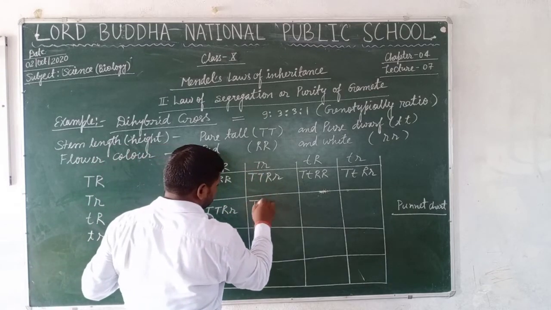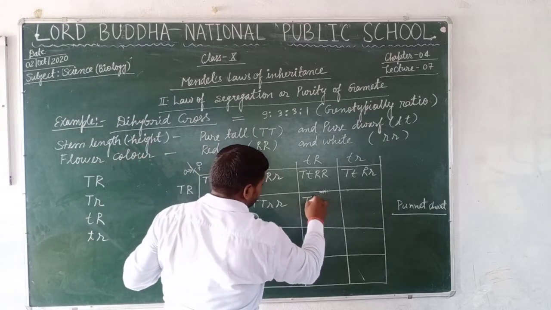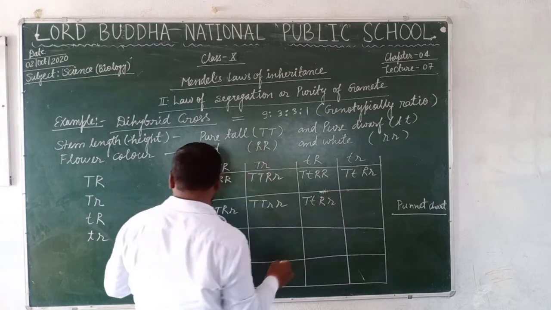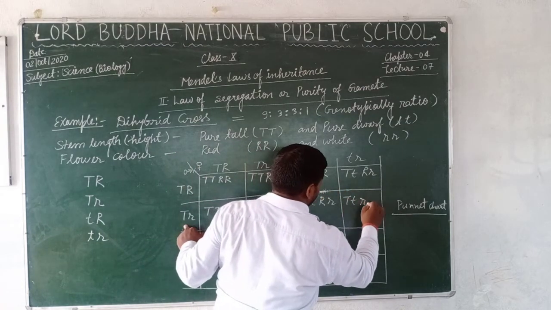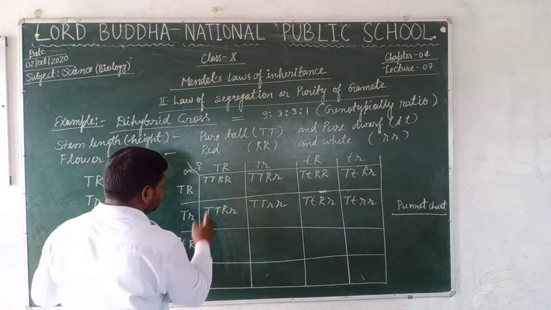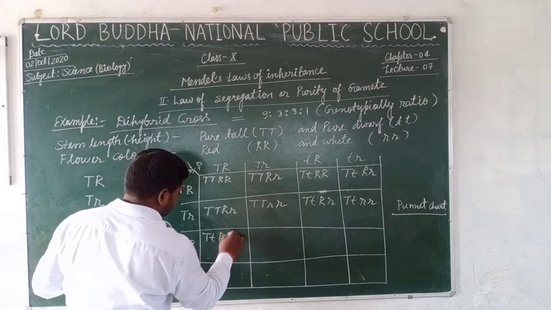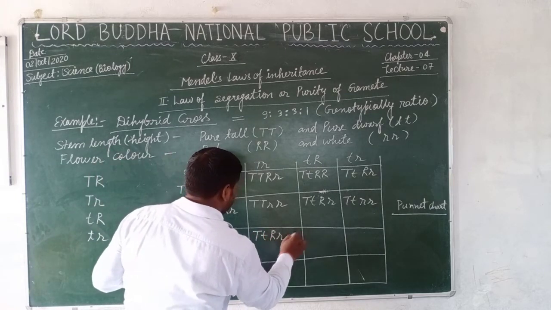Capital T, small t, capital R, small r. Here also capital T, small t, small r. Now students, capital T small t capital R, capital T small t capital R small r.